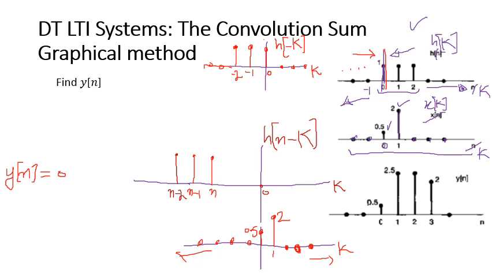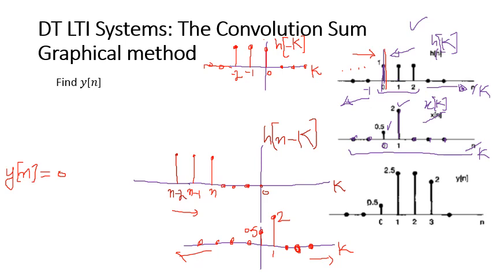So this is how you get zeros, because one of the signals is 0, and then you take the next value of n. Basically you are moving the signal, in this case, towards the right. Then you shift this signal right, and again you take the products, because step number 6 says that we do it for all values of n. So now we are changing the value of n.